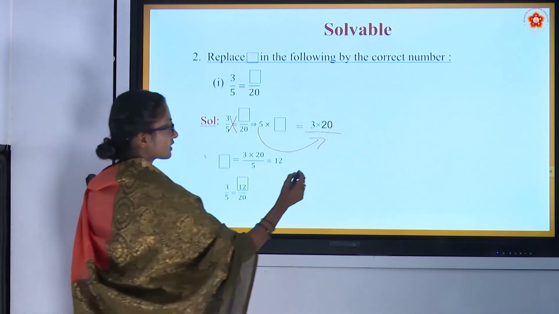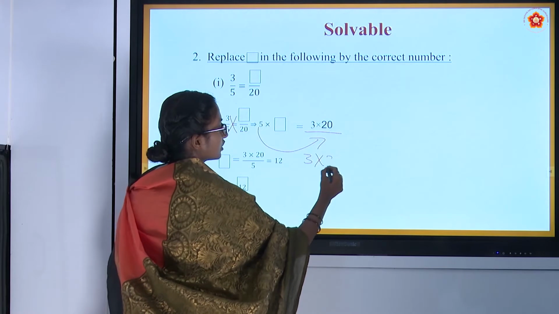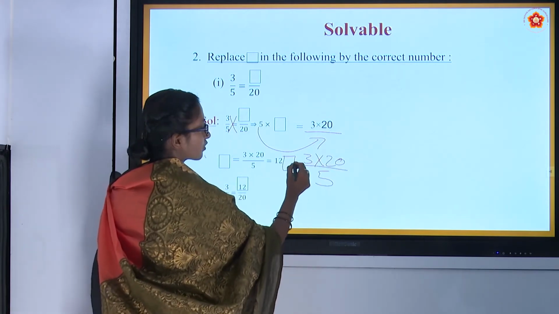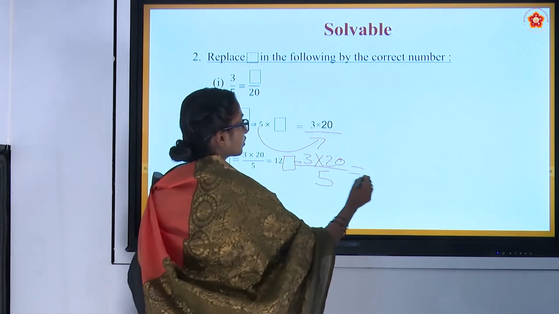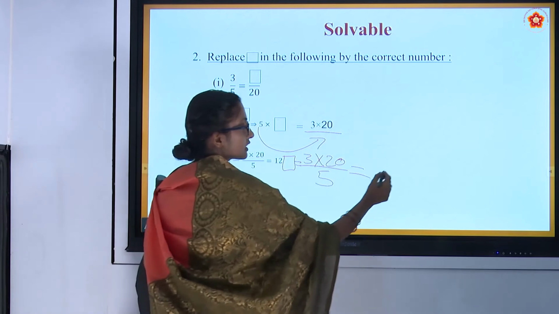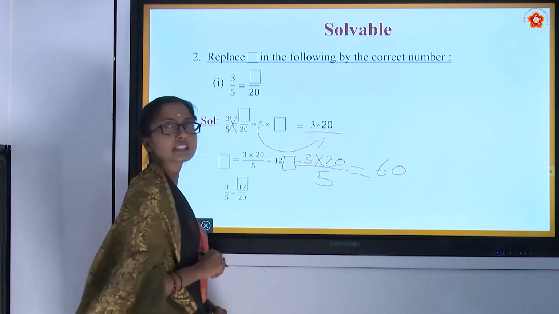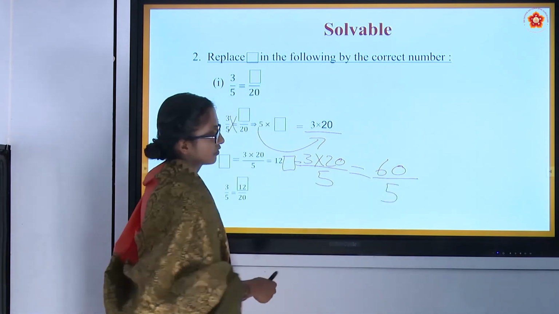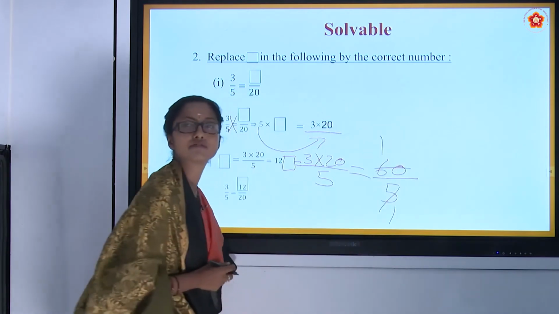Box is equal to 3 into 20 divided by 5, they have given. Further we can do this as 3 into 20. 3 zeros are 0, 3 twos are 6. That is 60 divided by 5. 5 ones are 5.